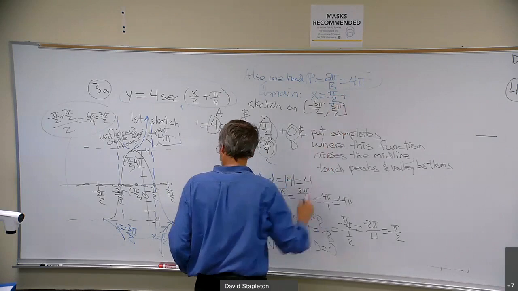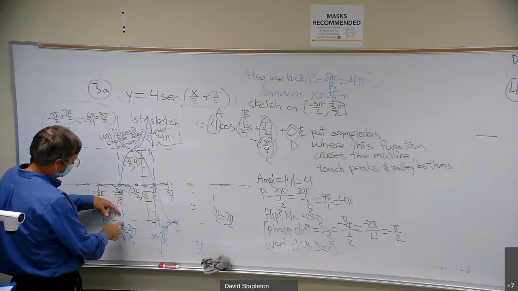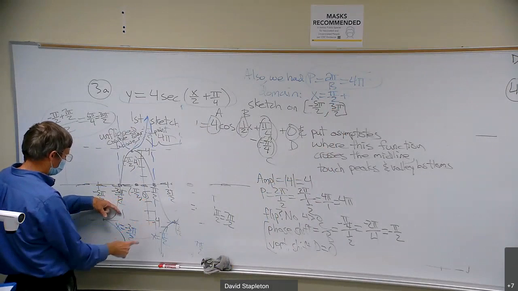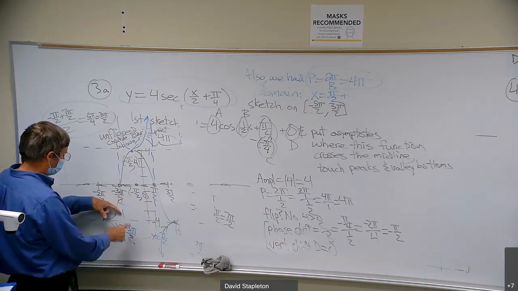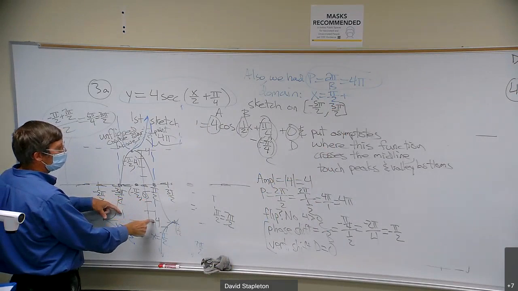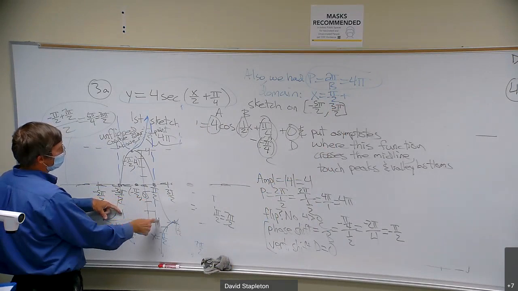And add the distance between asymptotes here. So the next one is at, well, here's one. Should be 4 pi apart, right? Oh, no, it's half a period, yeah.